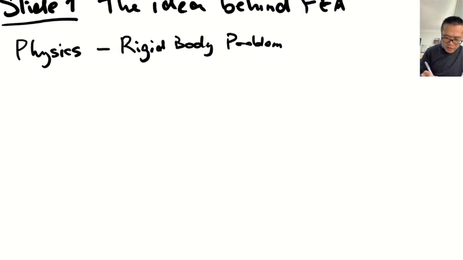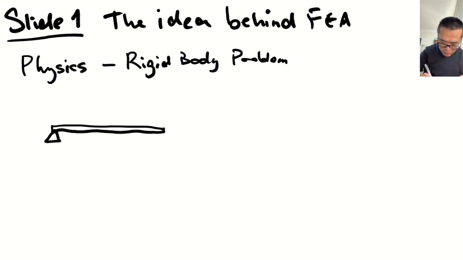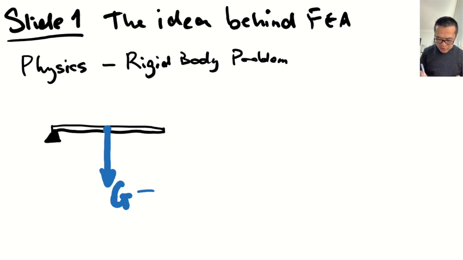Say I have a metal bar that looks like this, and I fix the metal bar in one place. Now you know that the metal bar has a certain weight, say G. Say this weight is 100 Newton.